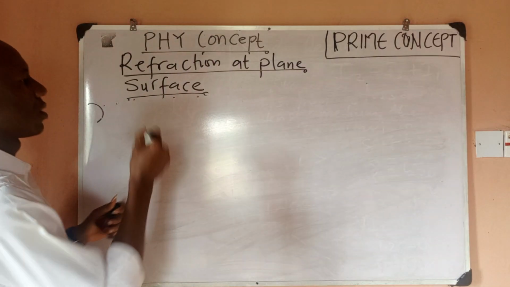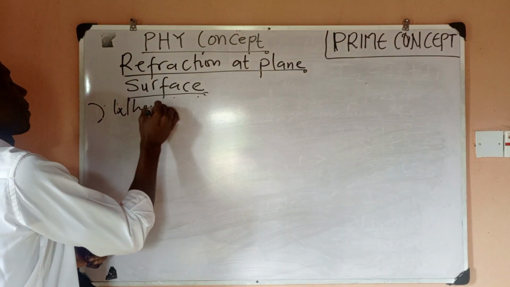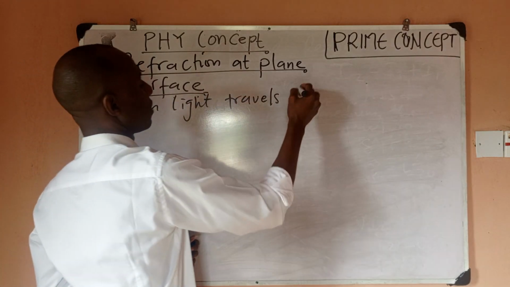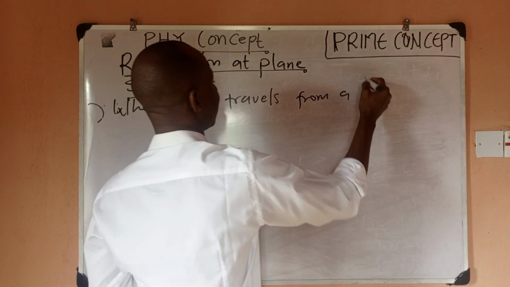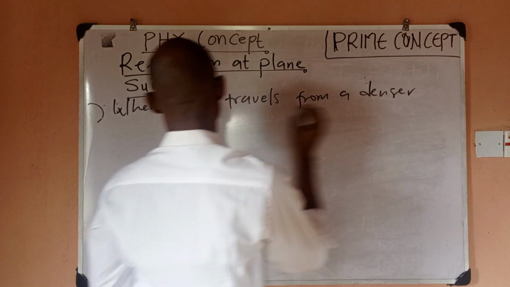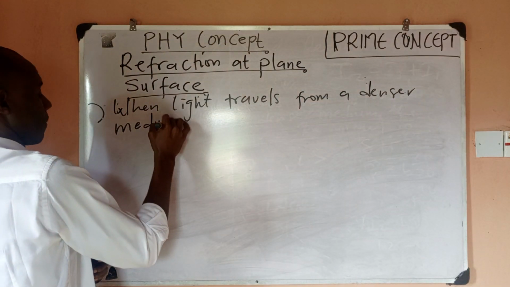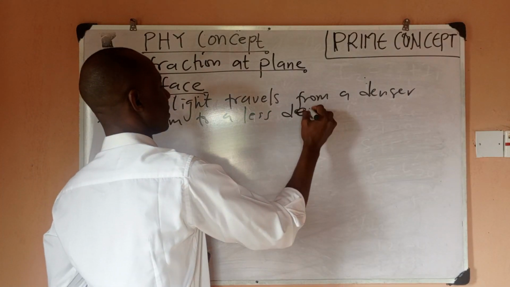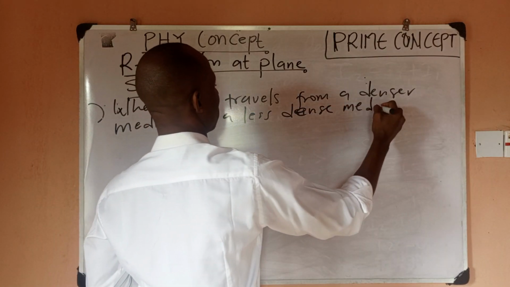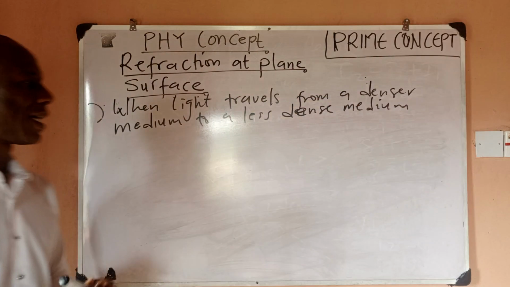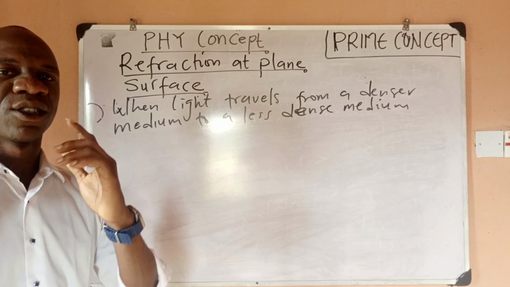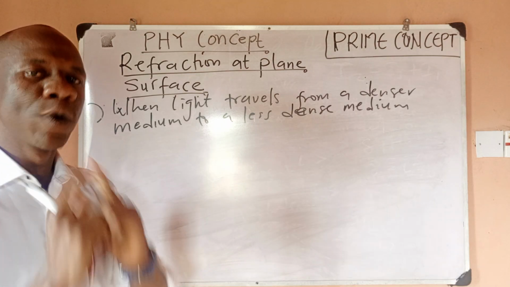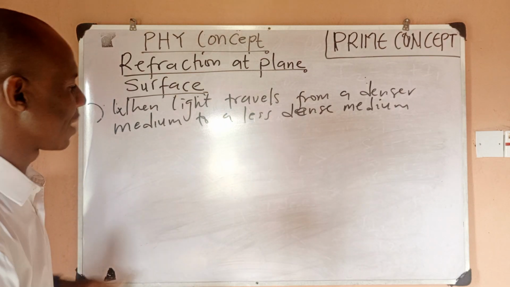The second condition is when light travels from a denser medium to a less dense medium. When light travels from a denser medium to a less dense medium, the refracted ray tends to move away from the normal. So this is what we have in this case.